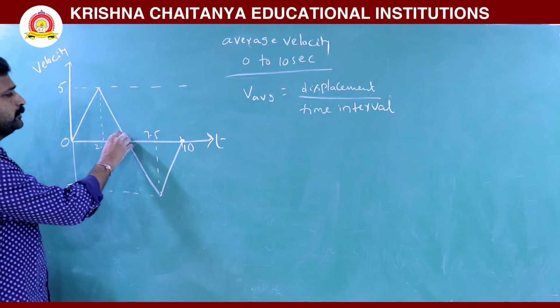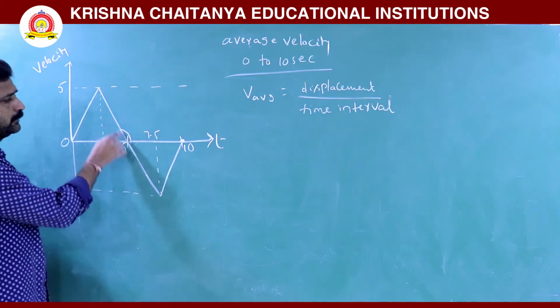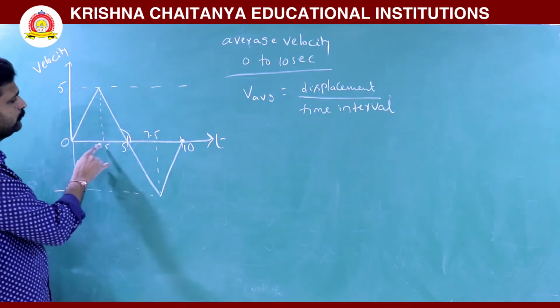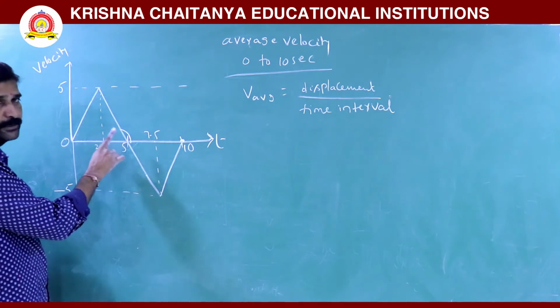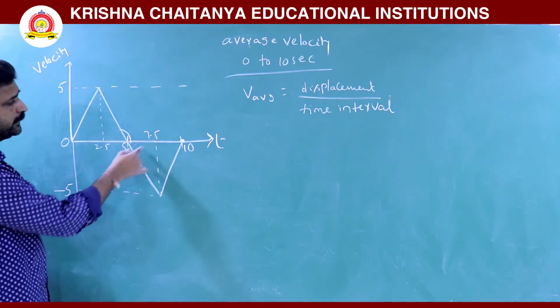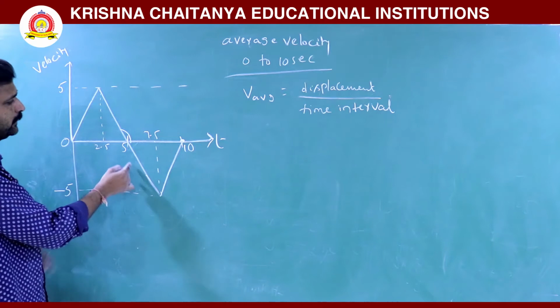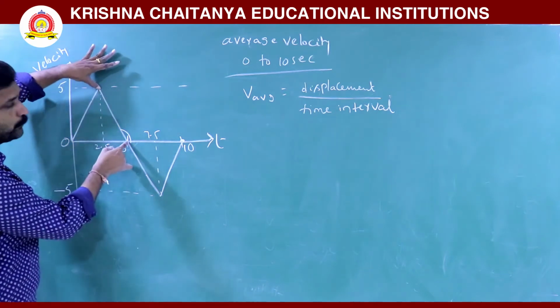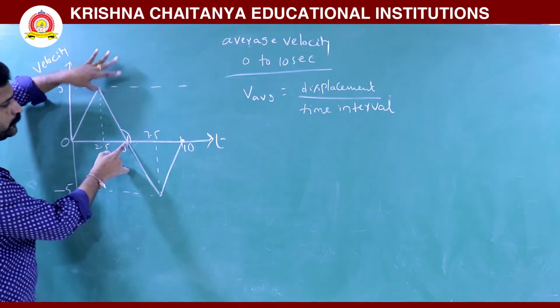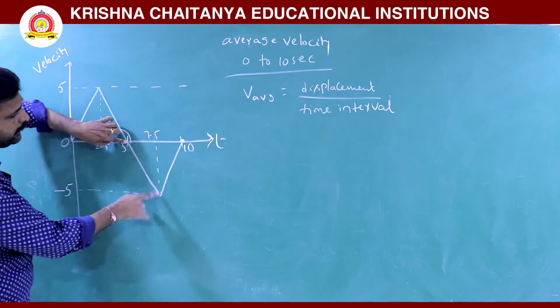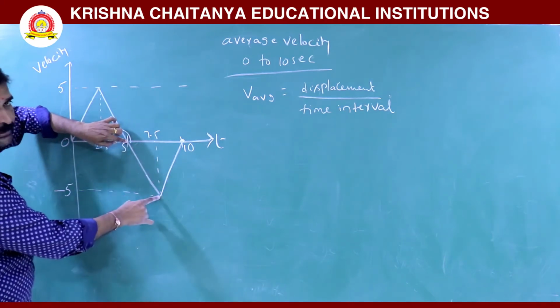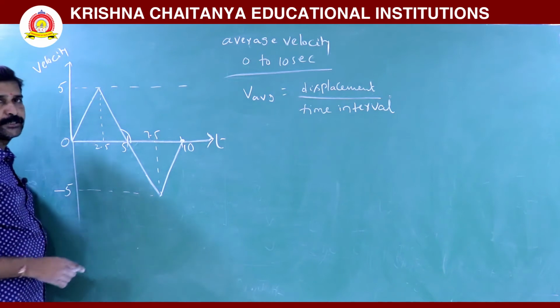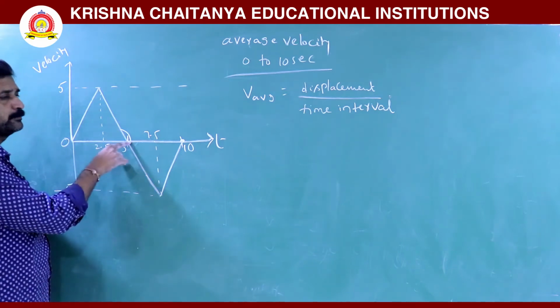Again, of course, the slope is negative for these two lines: from 2.5 seconds to 5 seconds, and 5 seconds to 7.5 seconds, two straight lines. For these two straight lines, slope is negative.